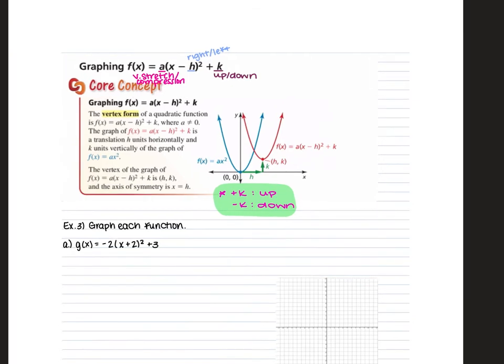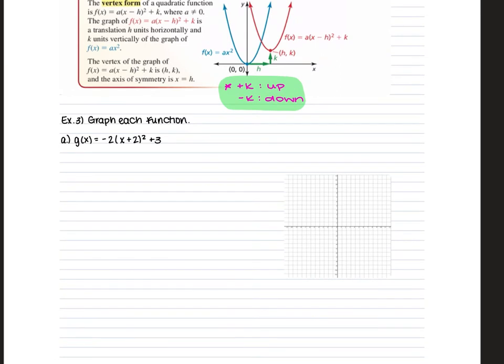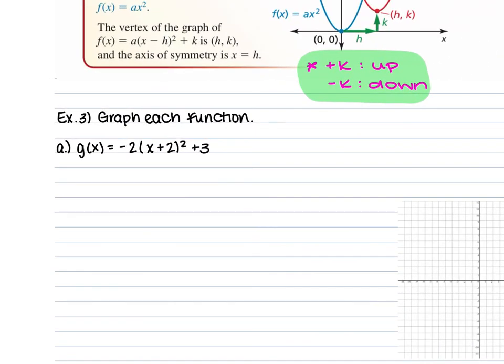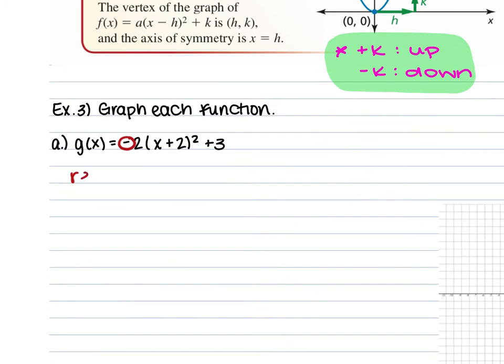If we look at example 3a, we are given g of x is equal to negative 2 times x plus 2 squared plus 3. So we're going to go part by part with this. First thing that we see is this negative in front of the 2. We said that the negative in front of the parentheses, in front of the number being multiplied by it, is a reflection across your x-axis. So that negative represents a reflection across the x-axis.